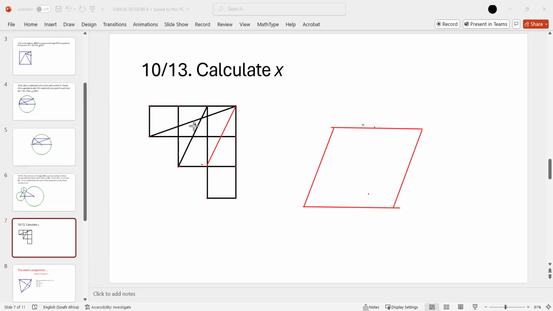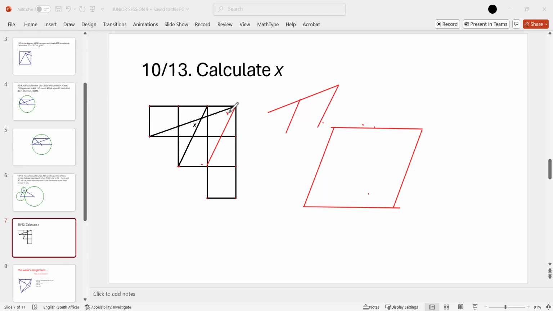Now, if you look at this picture here, you can see I've got an X here. And if I repeat the X here, and I repeat the other line here, this is there, this is there, that is X. Then you can see that you got corresponding angles.